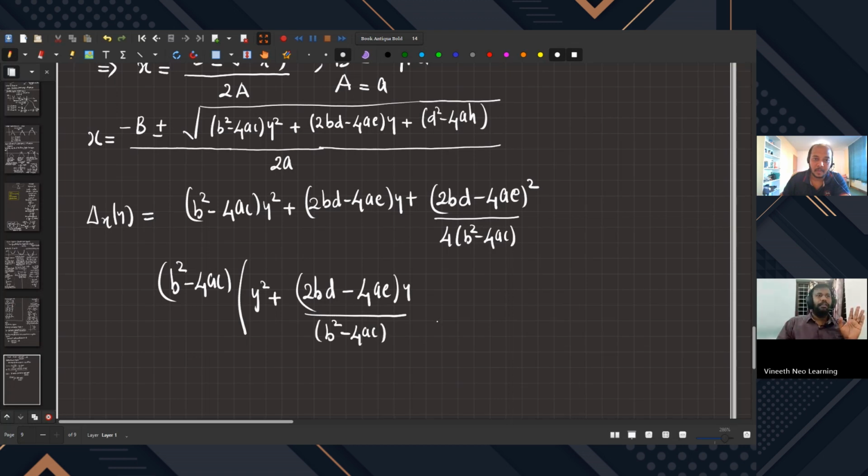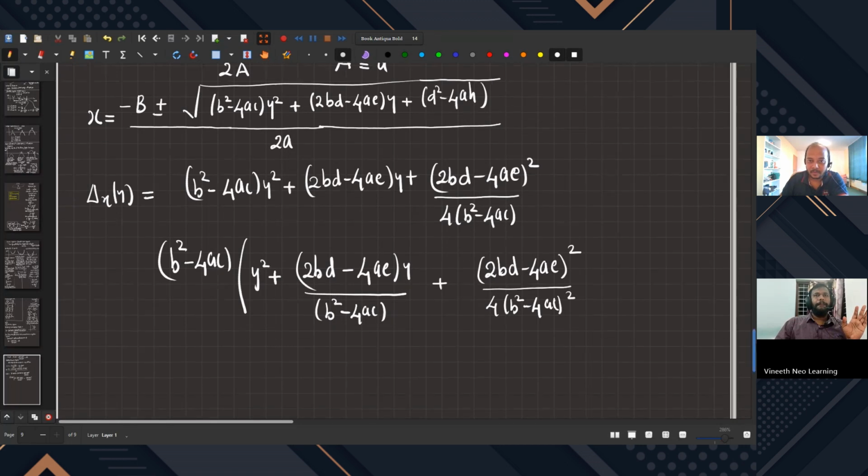Then if we take b squared minus 4ac from the third term, we are left with (2bd minus 4ae) squared divided by 4 times (b squared minus 4ac) squared. I found it: it should be squared.